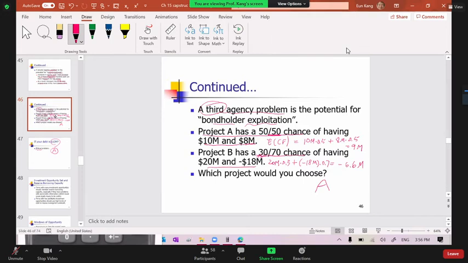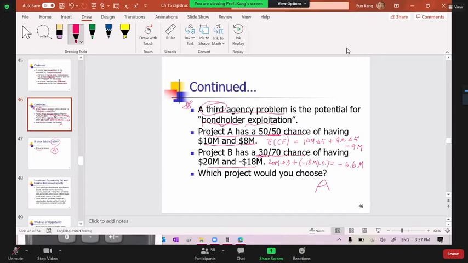That is like this. He or she probably wouldn't do that if there is no debt, right? So in a normal situation, the choice is very simple, A. But when you have debt, then there is a big, so this is the biggest one, right? Big agency problem that they exploit bondholders.